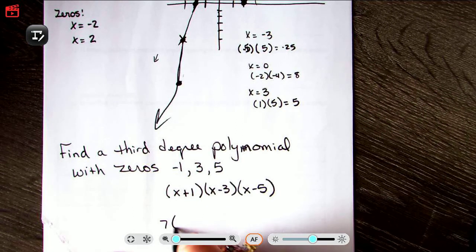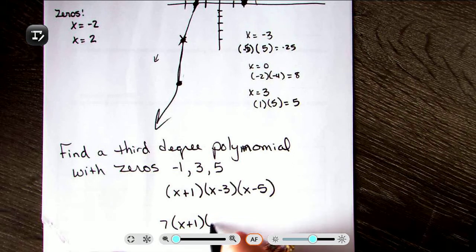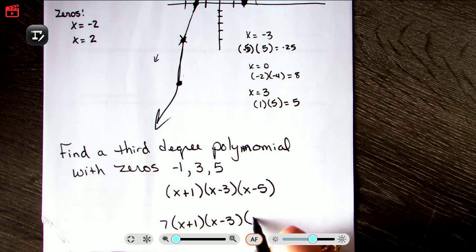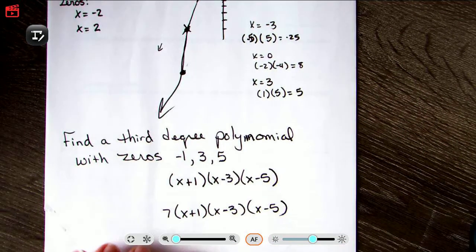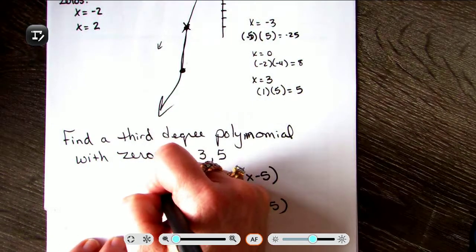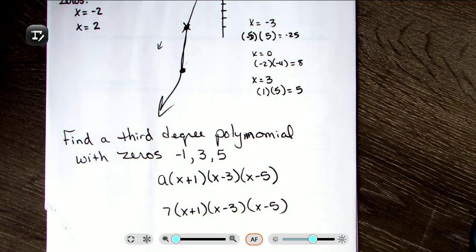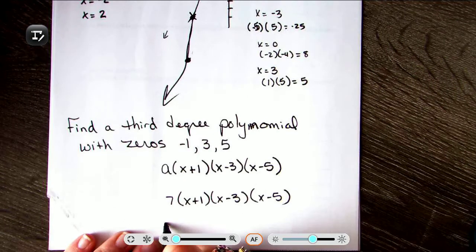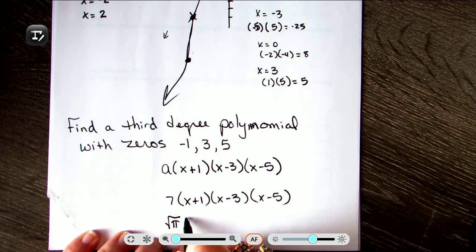Because there's another third degree polynomial with those zeros. In fact, I could put any value out front, any constant that I wanted to. I could even put the square root of pi.